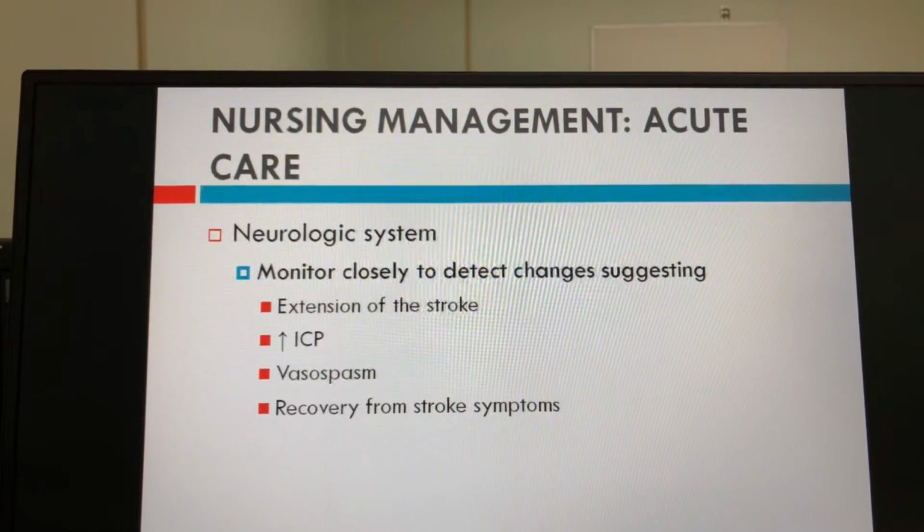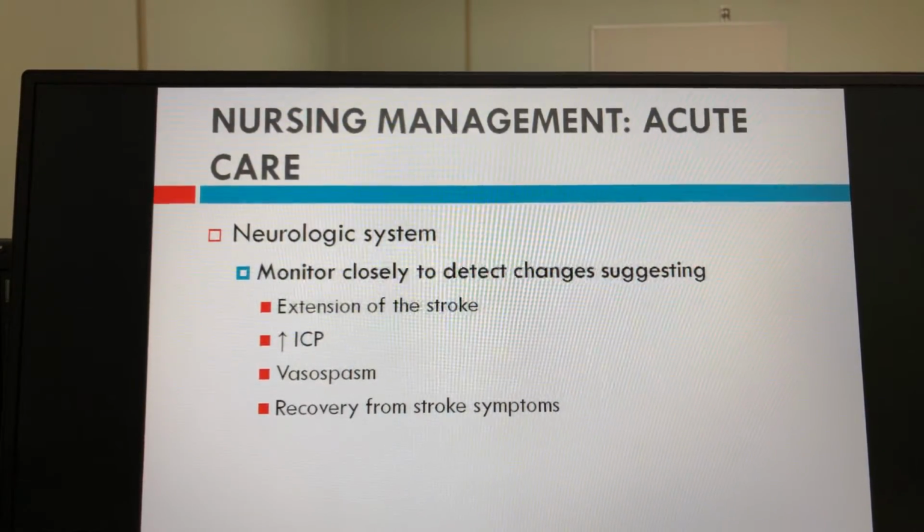Additional neurologic assessment includes mental status, pupillary response, and extremity movement and strength. And you can cover all of those in the Glasgow Coma Scale. Also, we want to closely monitor vital signs.